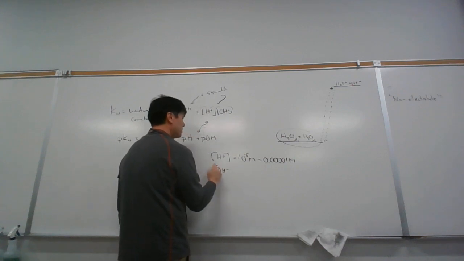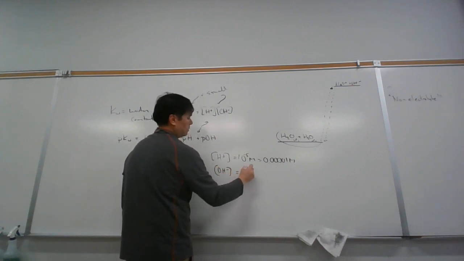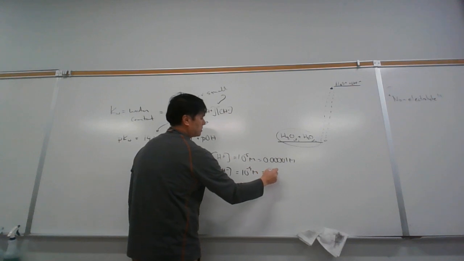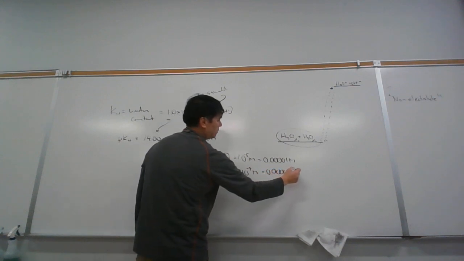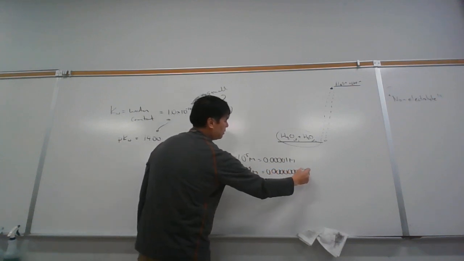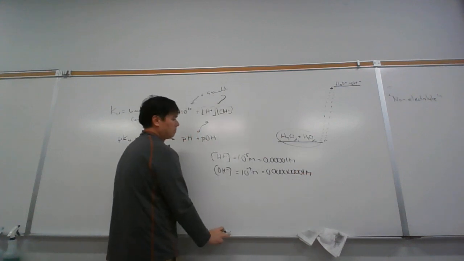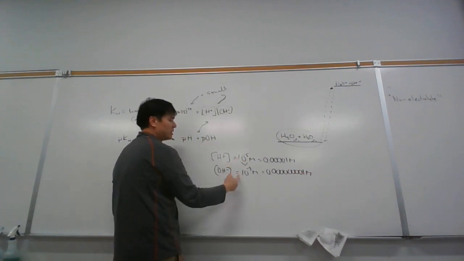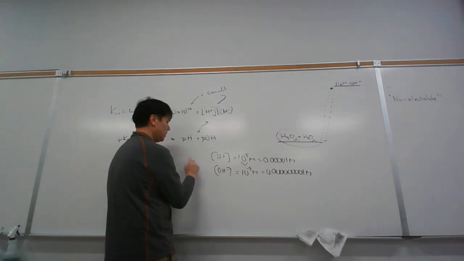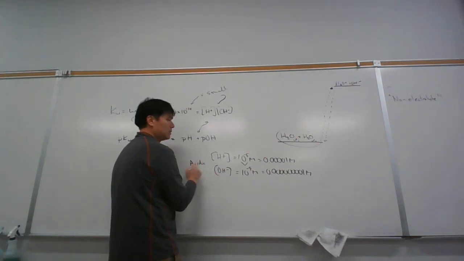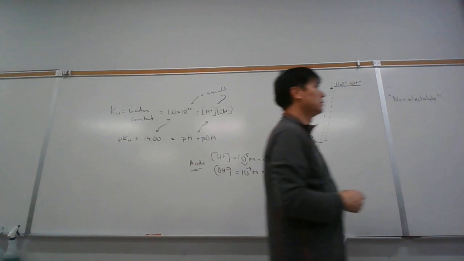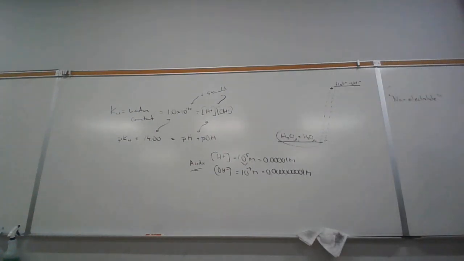And the OH minus is going to be 8 zeros and a 1 molar. And so 10 to the minus 5 is greater than 10 to the minus 9, which means it's acidic. How do you know? Whichever one's bigger. That's going to tell you that it's acidic, basically.